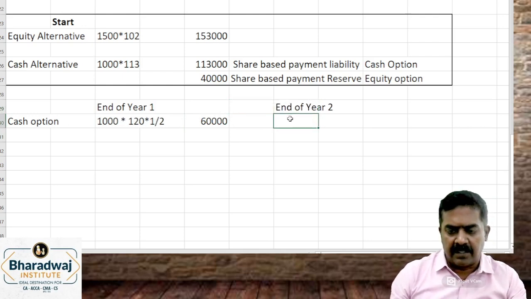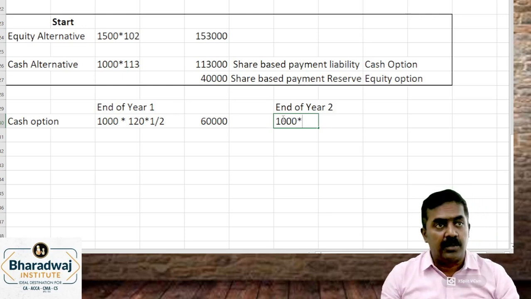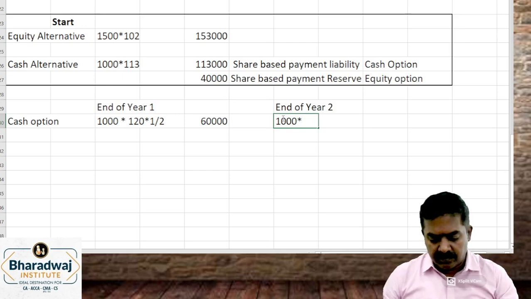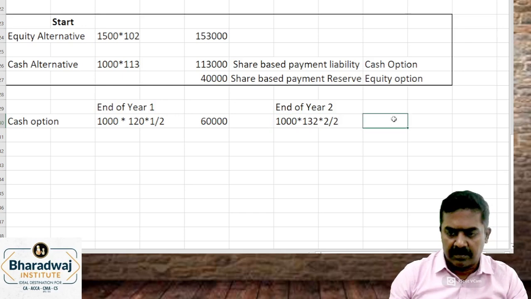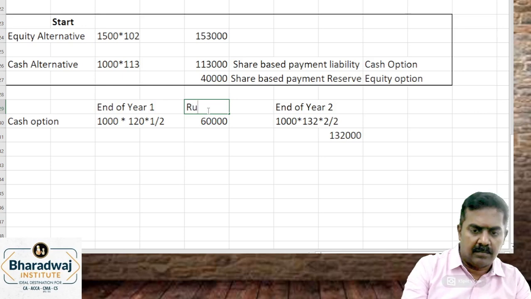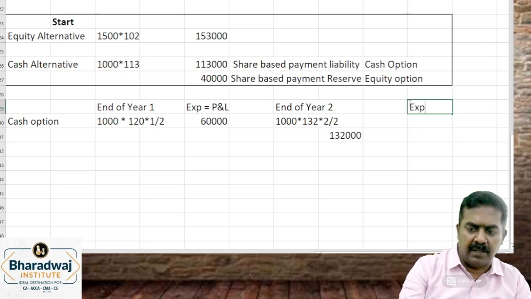At the end of year 2, 1000 into what is the year end 2 normal fair value? 130 into 2 by 2 would have been recognized, how much will it come to?